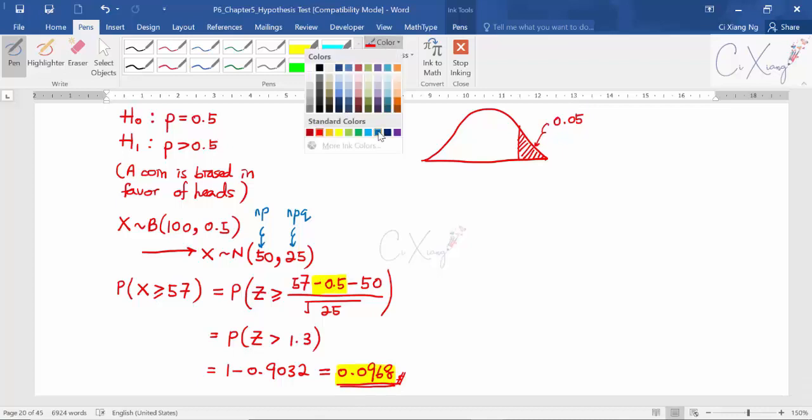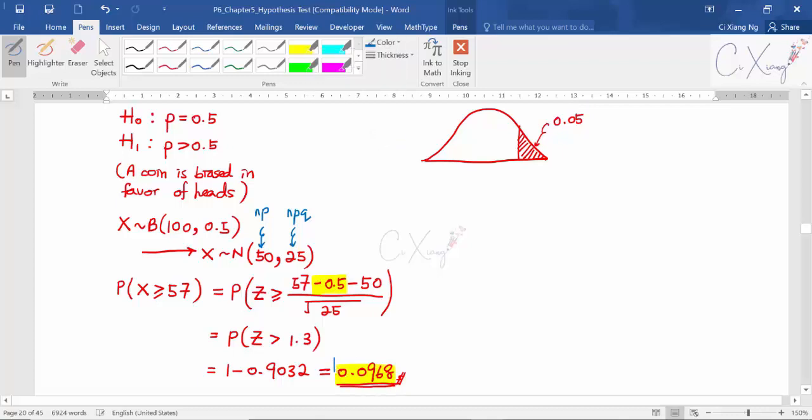Okay, now if you look at your p-value, it is 0.0968, which is larger than the area 0.05. So you can imagine that this is the area that you get, the blue color part. The blue color part is 0.0968, which should be greater than 0.05, right?